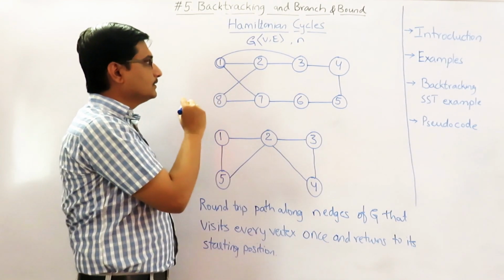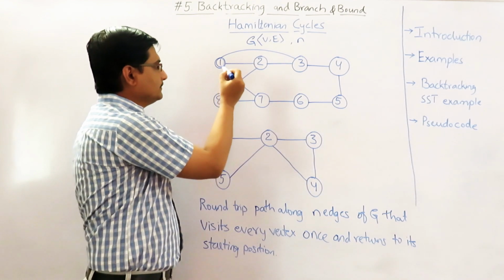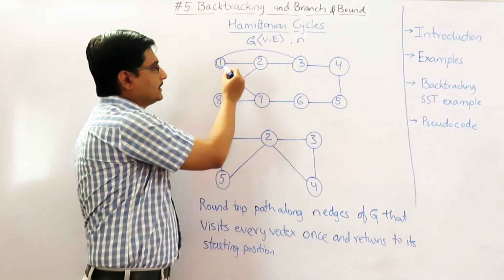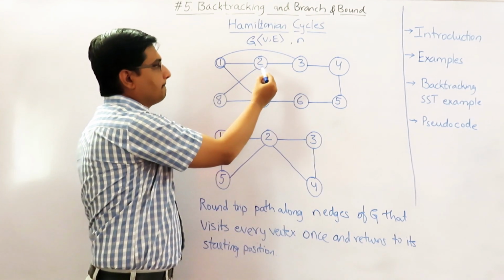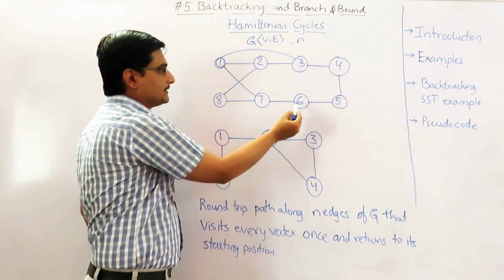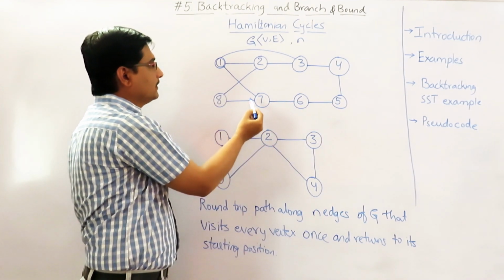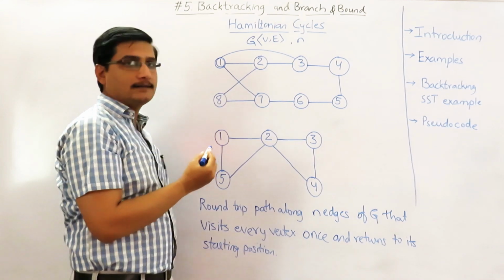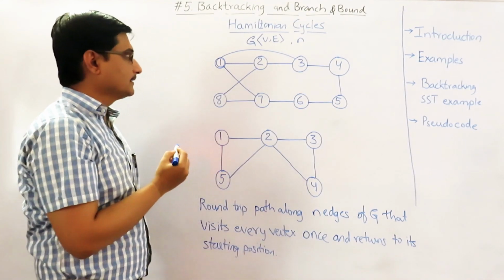How can we do that? Say we can visit 2, then 3, then 4, 5, 6, 7. No, again not possible. So how can we find the Hamiltonian cycle here?